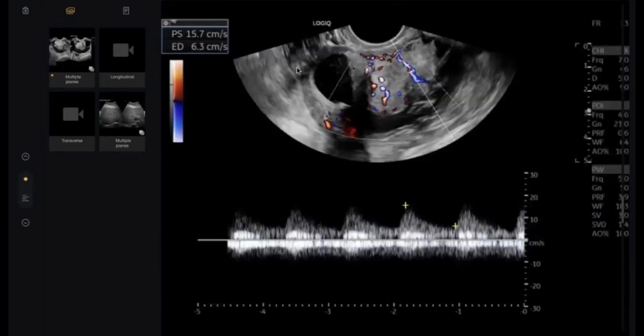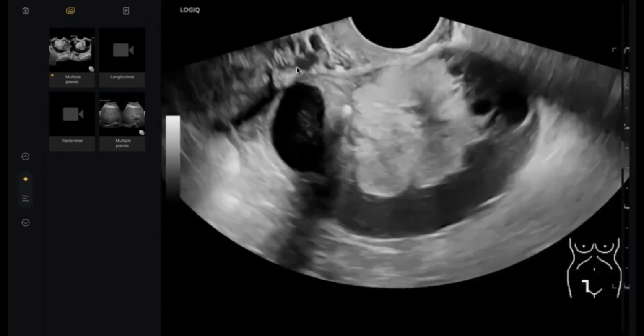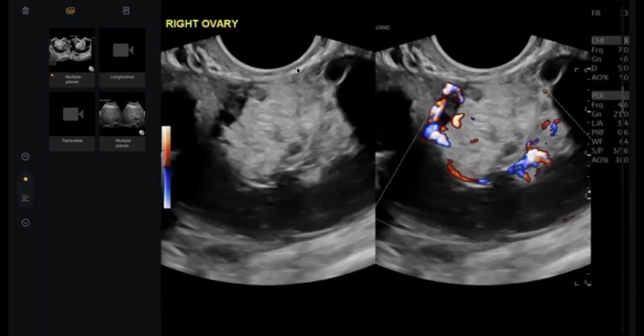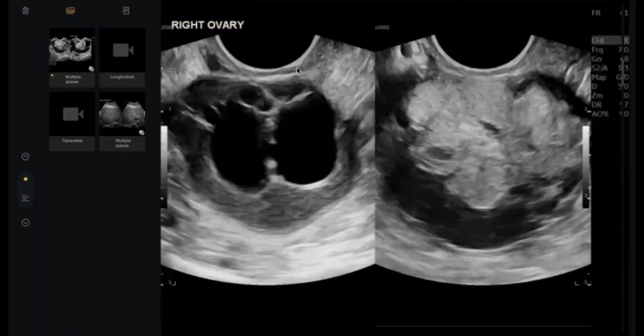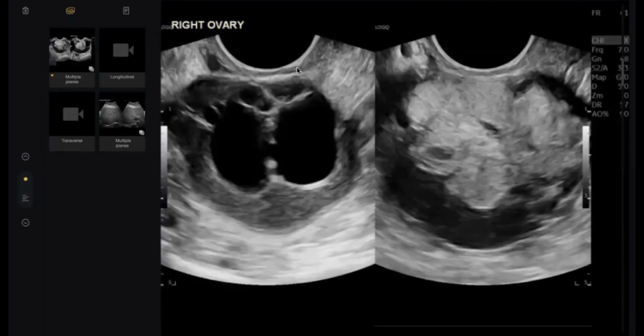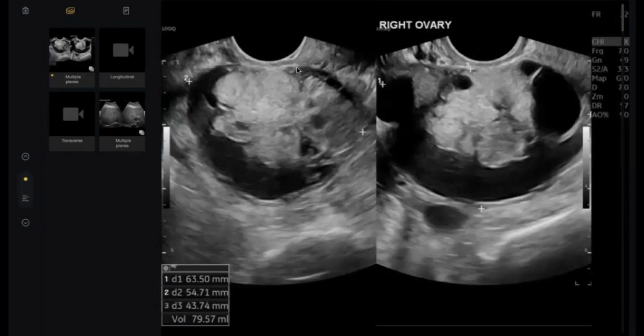Okay, what is this? Concentrate here, please. This is an ultrasound of the right ovary with increased Doppler signal at the periphery. What happened here, doctor? It appears cystic over here.